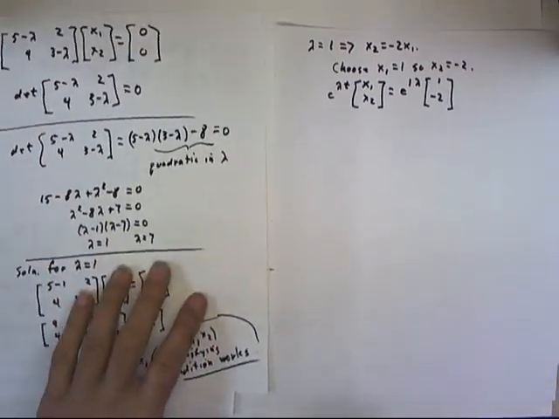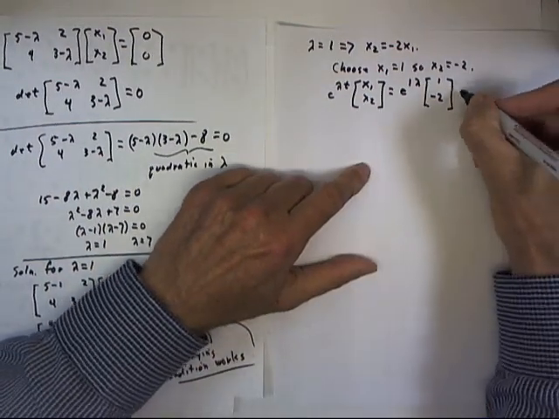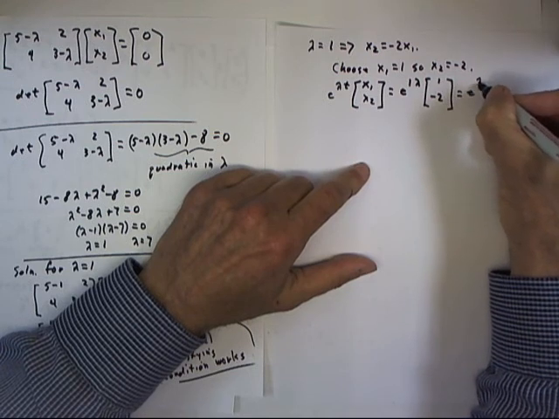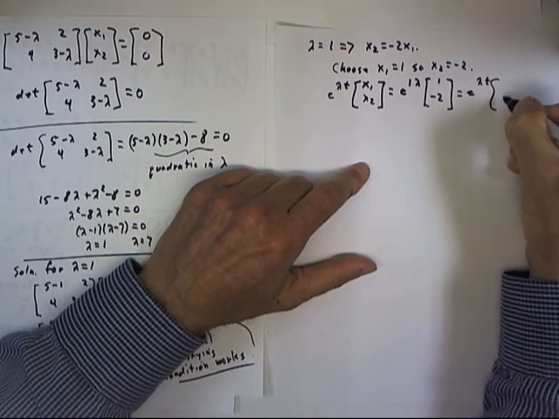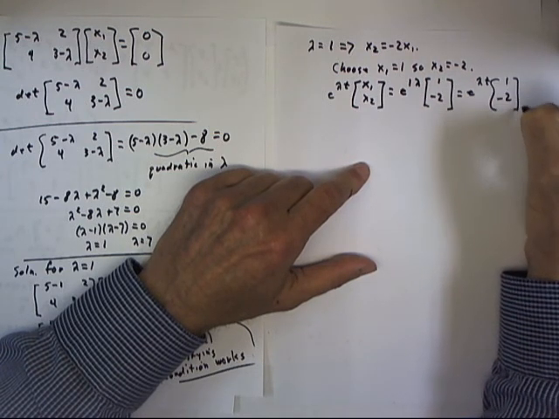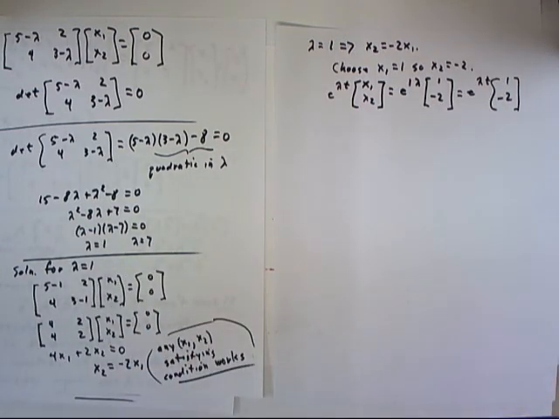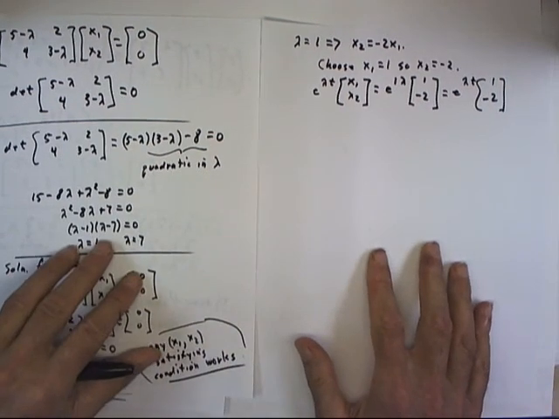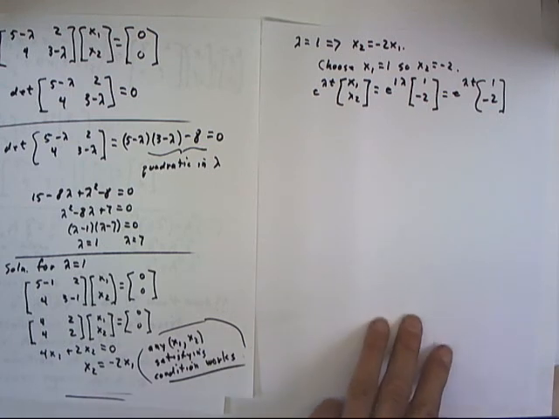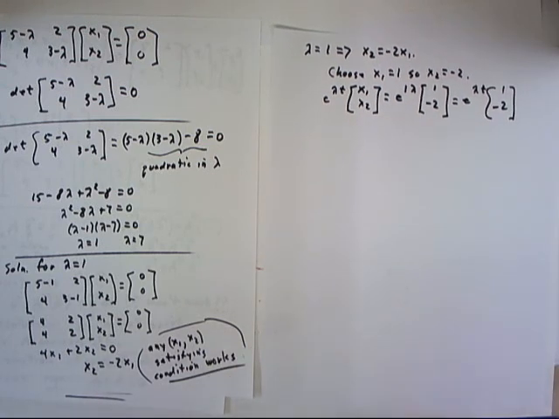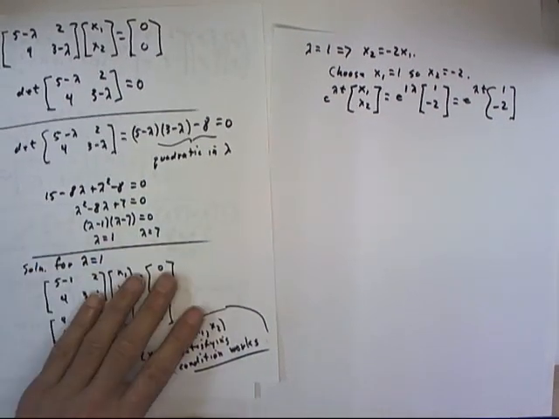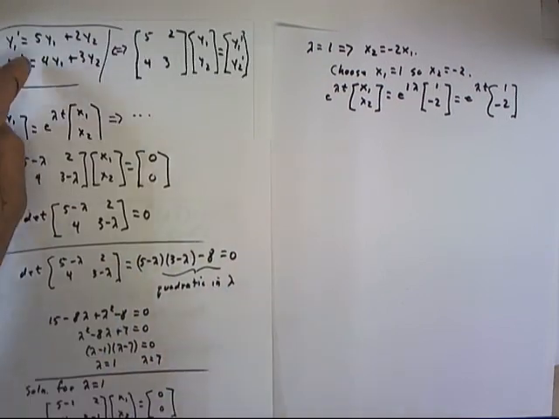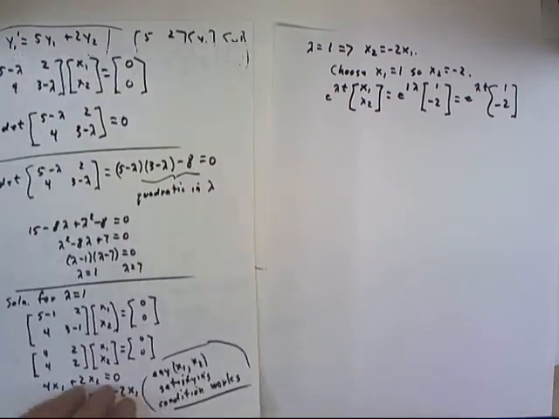So e to the lambda t times 1, negative 2 is seen to be a solution to our original equation.